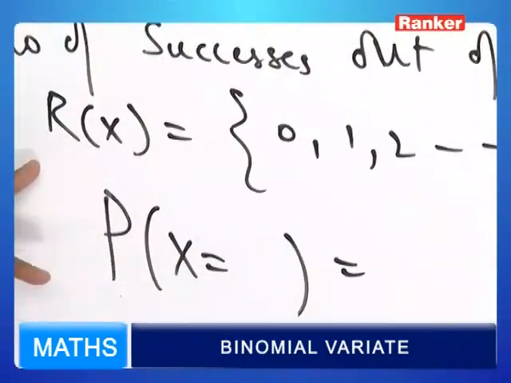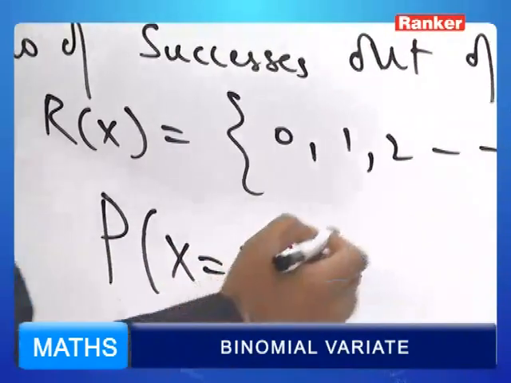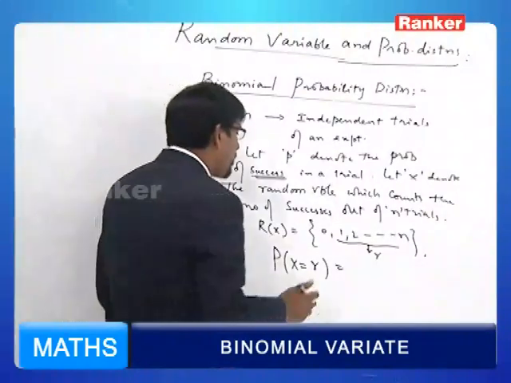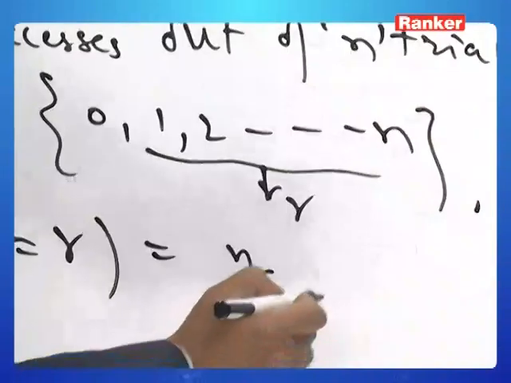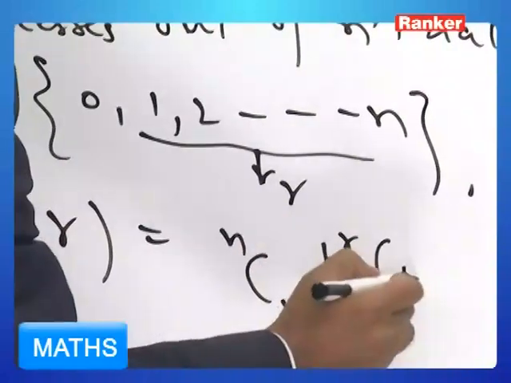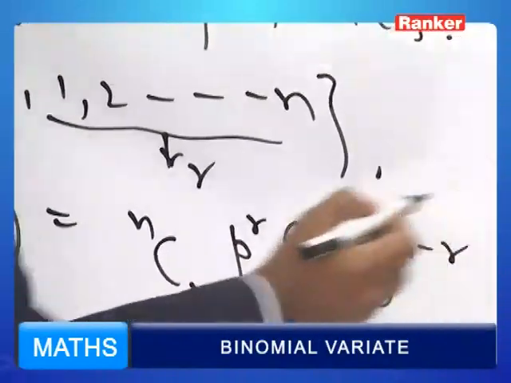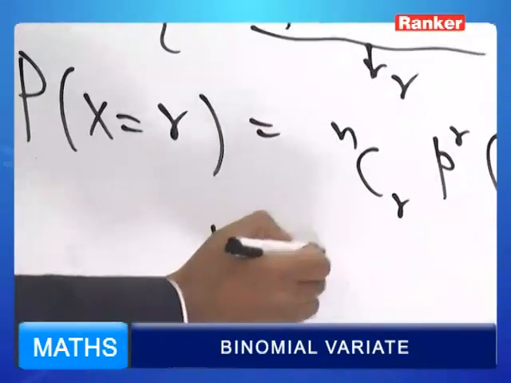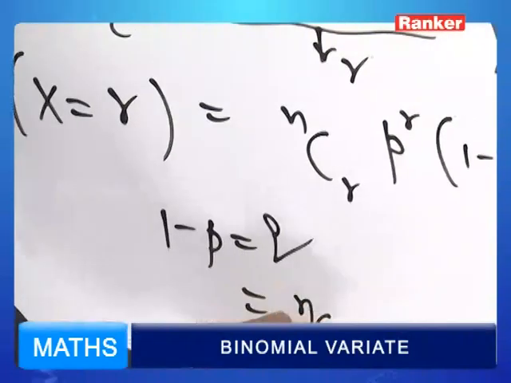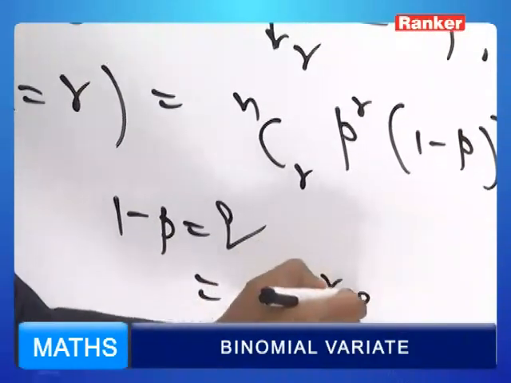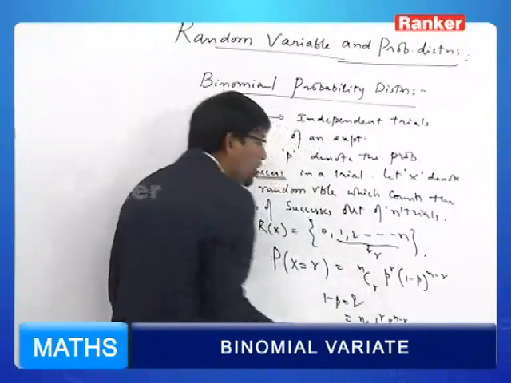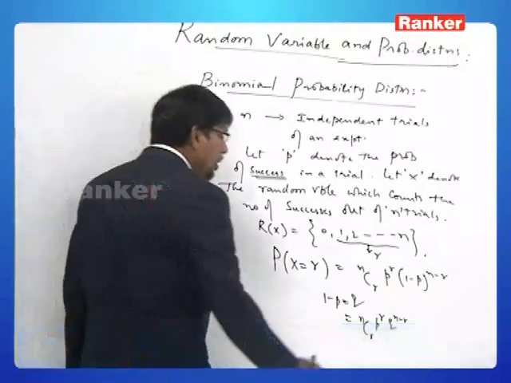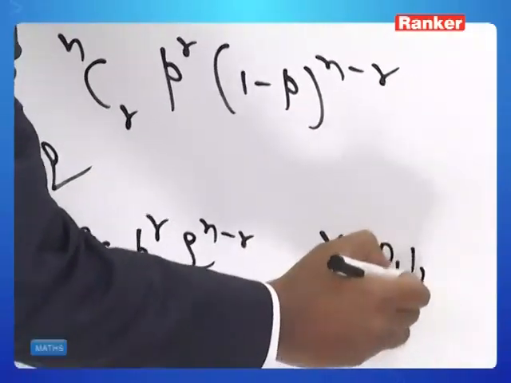We define the probability of X equal to r, being the number of successes, to be nCr p to the power r into 1 minus p to the power n minus r. At times it will be convenient to write 1 minus p as q, and therefore this turns out to be nCr p^r q^(n minus r). What is q? q denotes the probability of failure in a particular trial. Now r ranges from 0, 1, 2, and so on up to n.